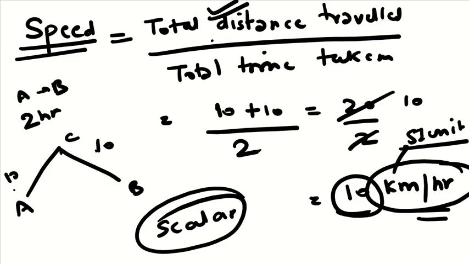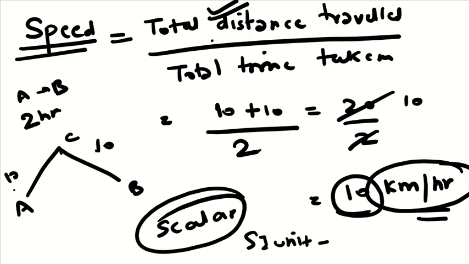I have said kilometer per hour as the unit to represent speed, but the SI unit used to represent speed is meter per second.